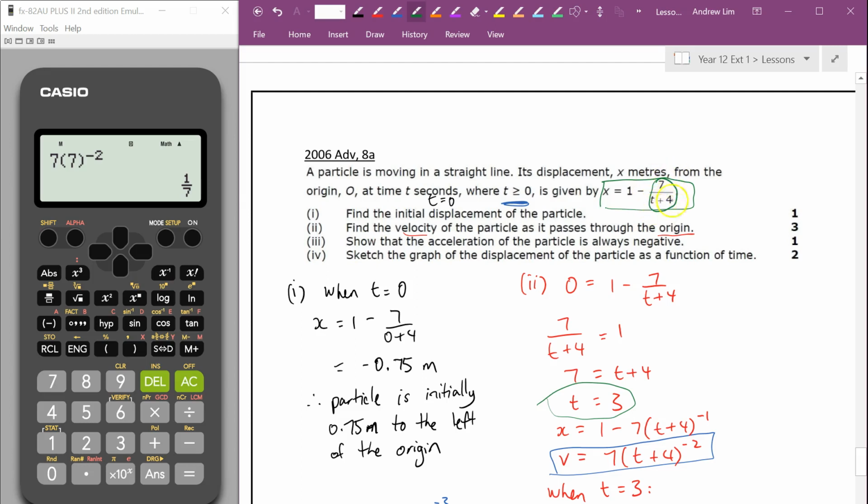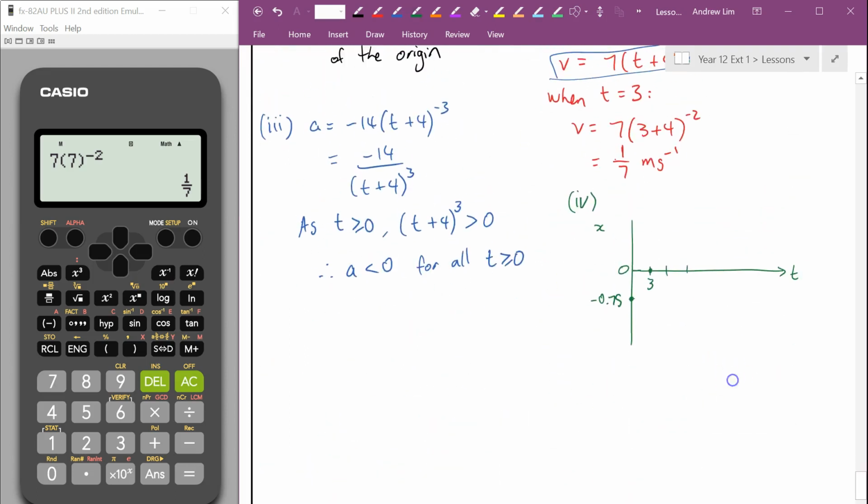The only way this can equal 0 is if the top number was 0, because 0 divided by anything is 0. So if this will never be 0, then the displacement will never equal 1 minus 0. It will never equal 1. So that means we're going to have an asymptote at 1. And so we can now graph this. It's going to look something like this. And that's pretty much it.